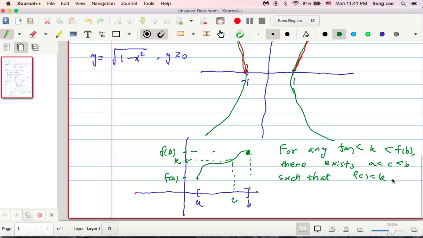That's what it means. That's the intermediate value theorem. You can also see that the name makes sense. So that's a very important property.